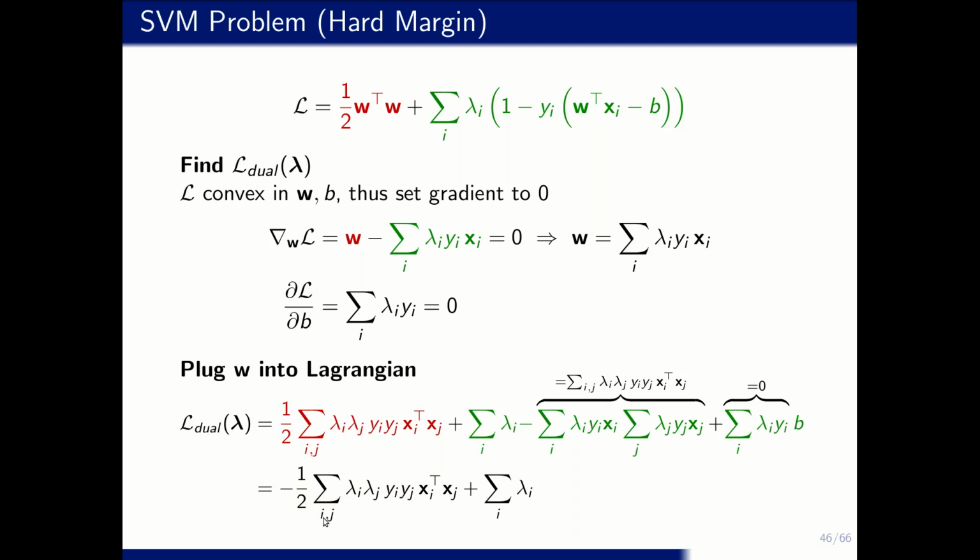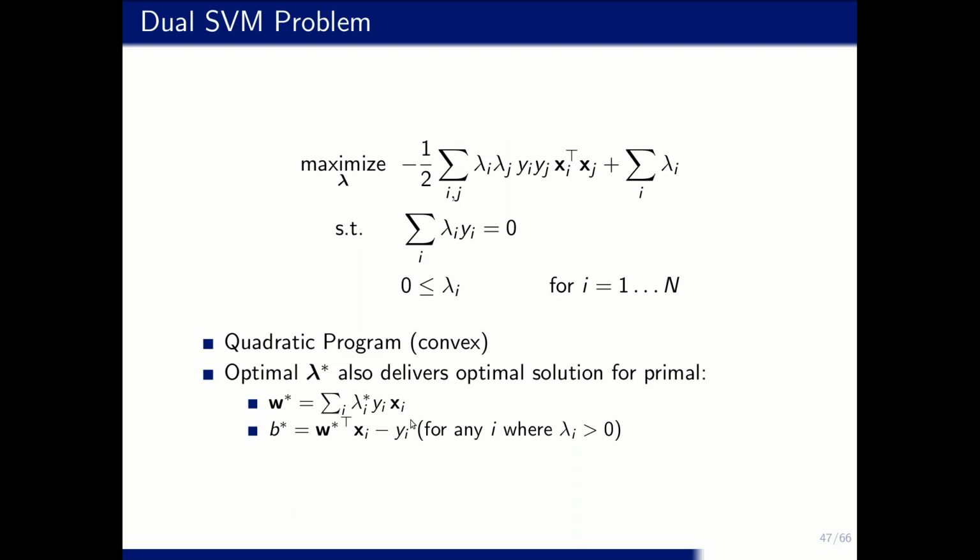So i and j run both over all training examples, and we have lambda_i, lambda_j, y_i, y_j, and this inner product between the ith and jth training example, and this sum over the Lagrange multipliers. So this is now our dual objective, and we have this constraint, and if we summarize this in an optimization problem, we get this so-called dual SVM problem.